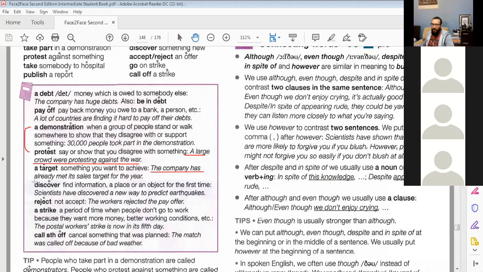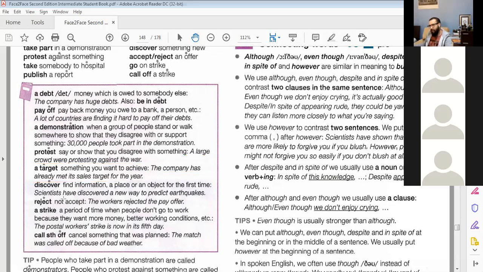Okay, a target. I think target is kind of clear, right? Yes. The company has already met its sales target. So the company wants to sell 10,000 cars and they reached maybe 10,500. فخلاص they met their target. They reached their target. هذه الفكرة. وصلوا يعني للهدف. Discover, I think all of you know discover. Reject is also clear.